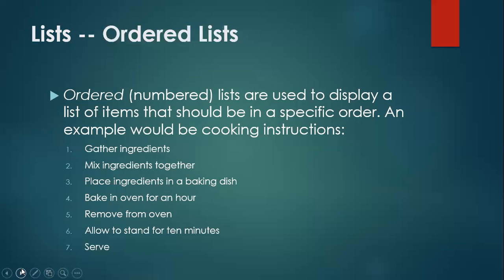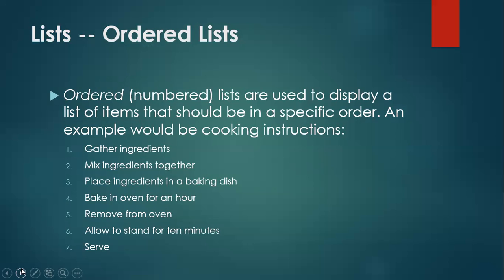Just as in this example: gather the ingredients, mix the ingredients together, place ingredients in a baking dish, then bake in the oven for an hour, remove from the oven, allow to stand for 10 minutes, and then serve. Here in this example, we are baking a sweet dish or a cake in the oven. When we disturb the order in this list, what happens?